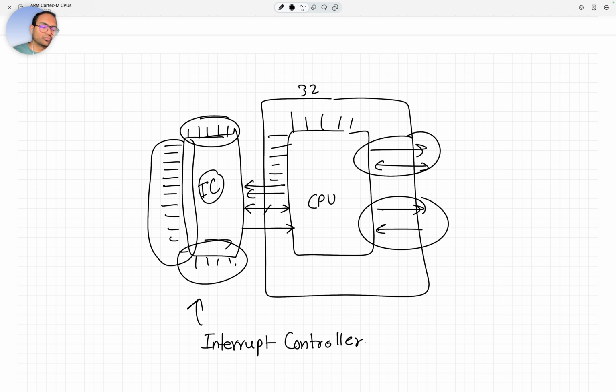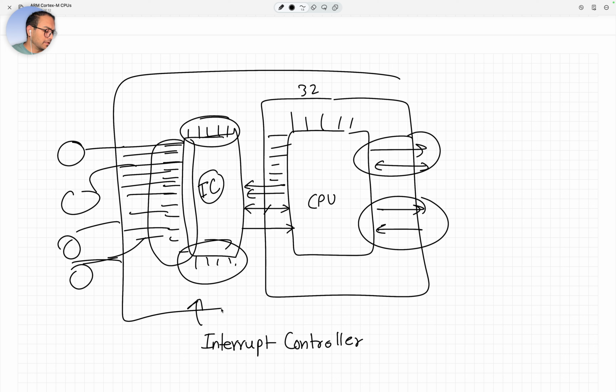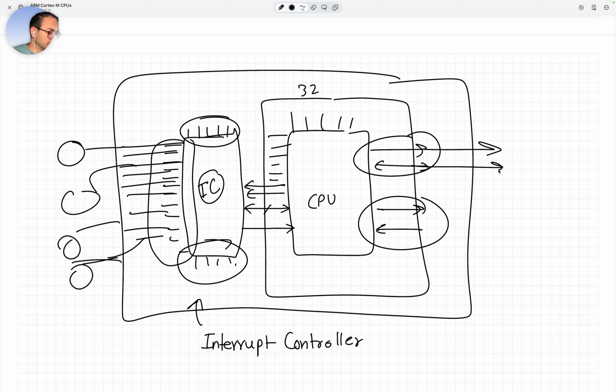What the interrupt controller does is it exposes lines to the external world, and different things can connect here, and "kind of" is the keyword because there's a little bit of magic involved. So this comes as one package now, and these are going out.